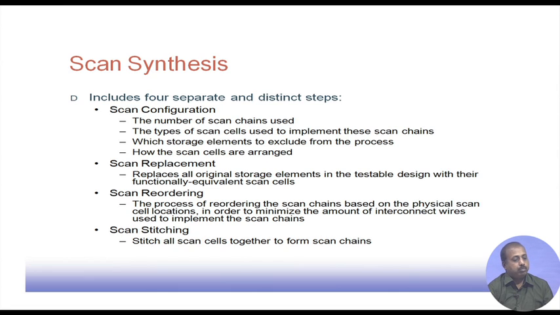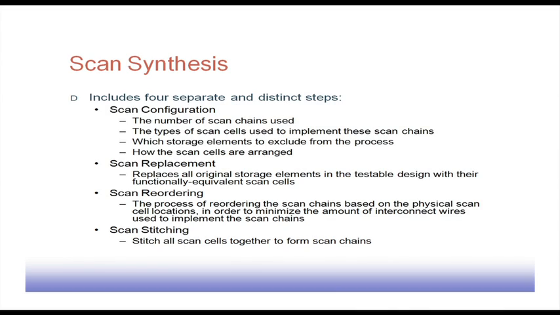If I am allowed to provide multiple scan-in lines, multiple scan-out lines, etc., then I can possibly go for multiple scan chains, where the individual scan chains will be smaller in length. As a result, the loading and unloading will be faster. So the number of scan chains that are used is one important issue.